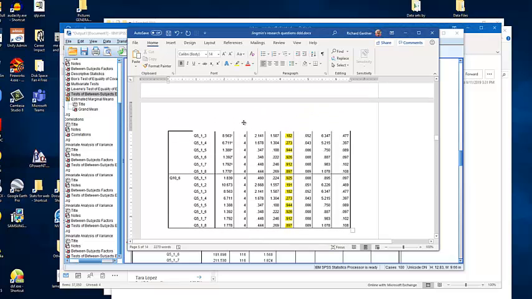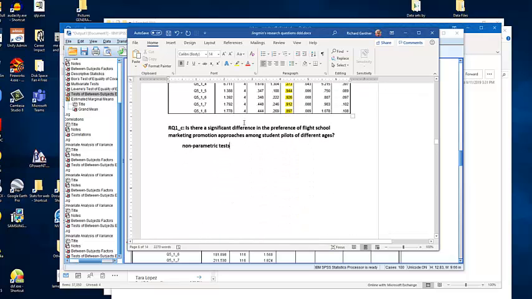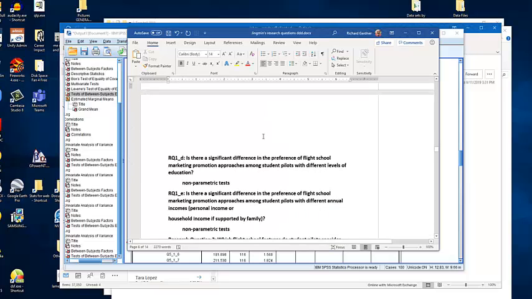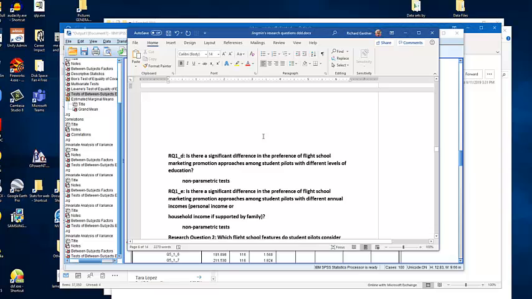Let me see. This is about ages, and the next one is about the different educational levels, and still marketing promotion approaches. So why are we saying non-parametric tests? Oh, you can delete it. I thought we should use this. You can just delete it.